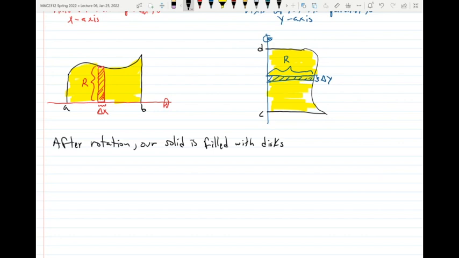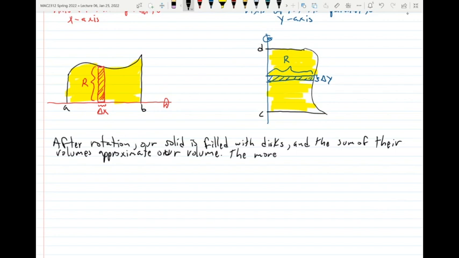The sum of their volumes approximates our volume. The more disks we use, the better the approximation.